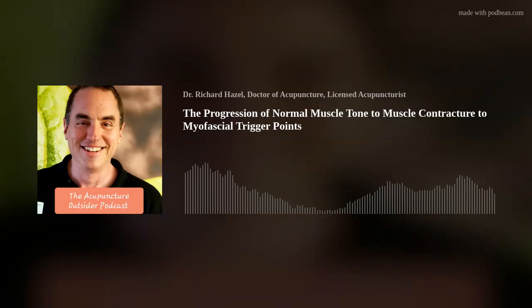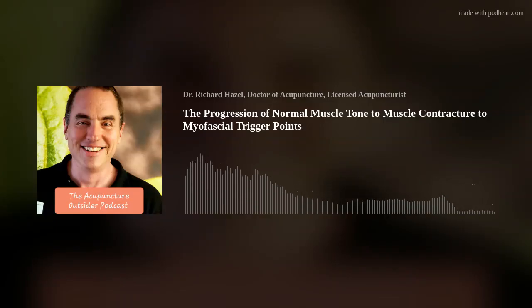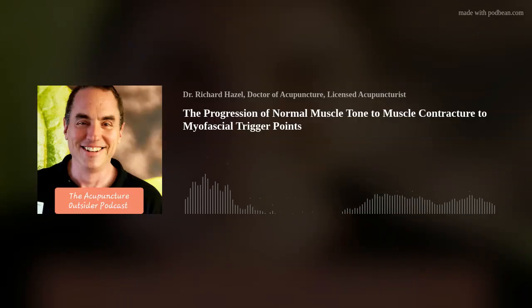If the underlying issue is muscle shortening and or trigger points, if they do feel some relief, it will not last, because the structural mechanical problem is still there. The shortened muscle will not release with distal acupuncture.